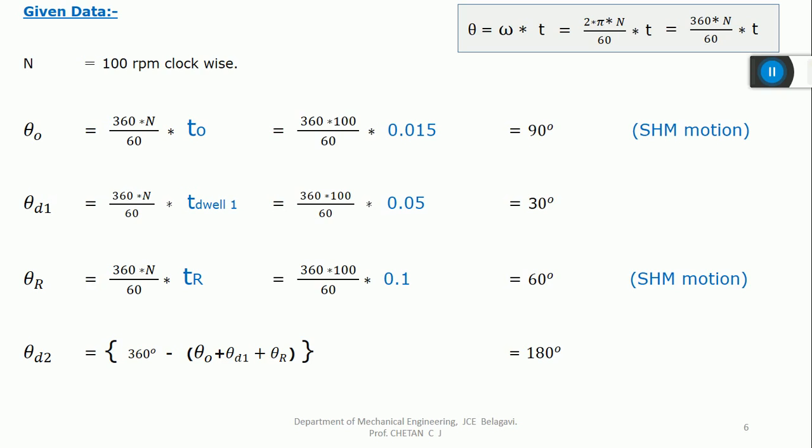After inputting all the values, that is the speed of the cam and the time interval, I'll get 90 degrees, which is the outstroke angle corresponding to the outstroke time period.